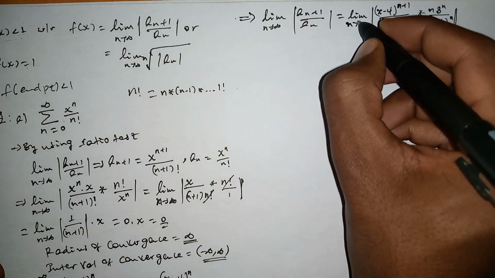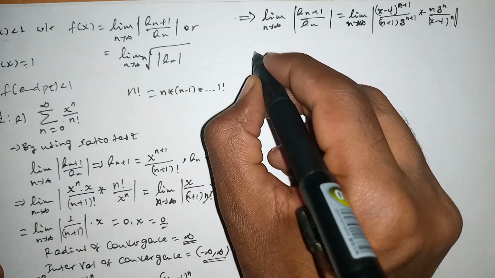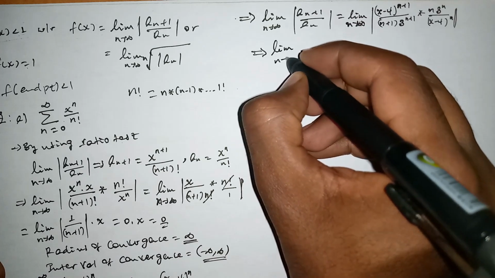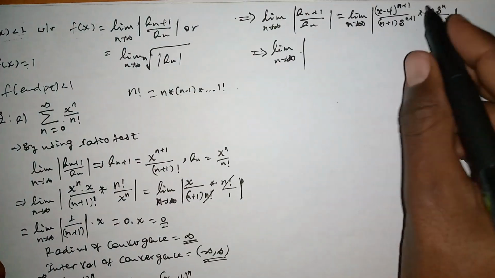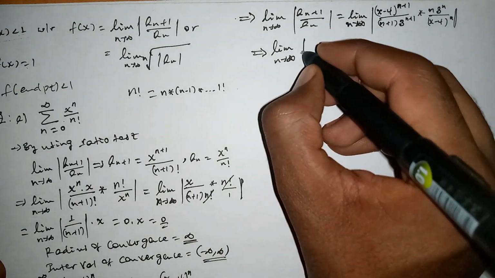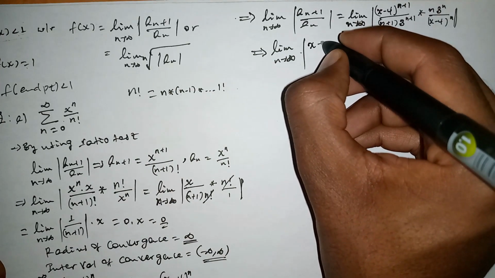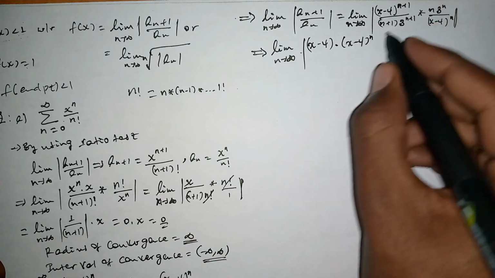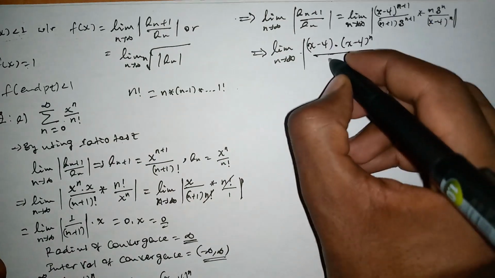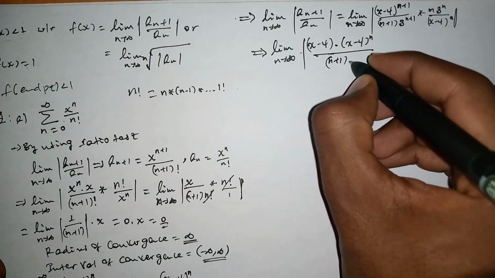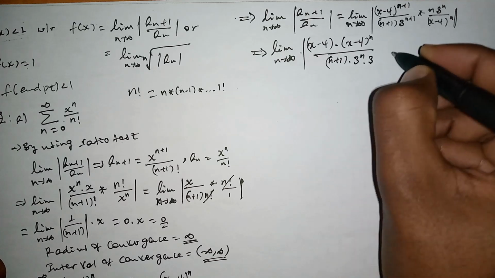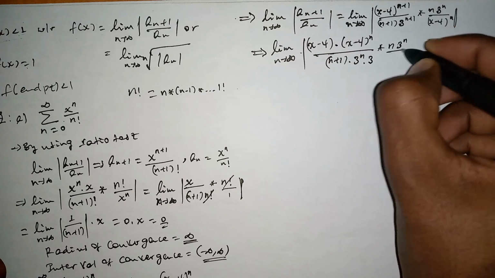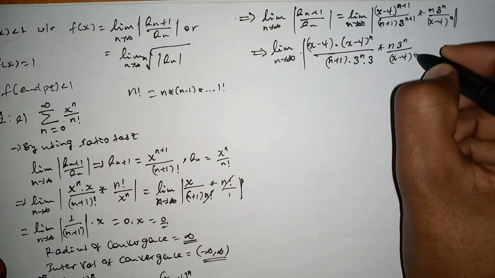So as n goes to infinity, our limit becomes the limit of the absolute value of (x minus 4) times (x minus 4) raised to n, this part, over n plus 1 times 3 to the power of n times 3, times n times 3 to the power of n over (x minus 4) to the power of n.